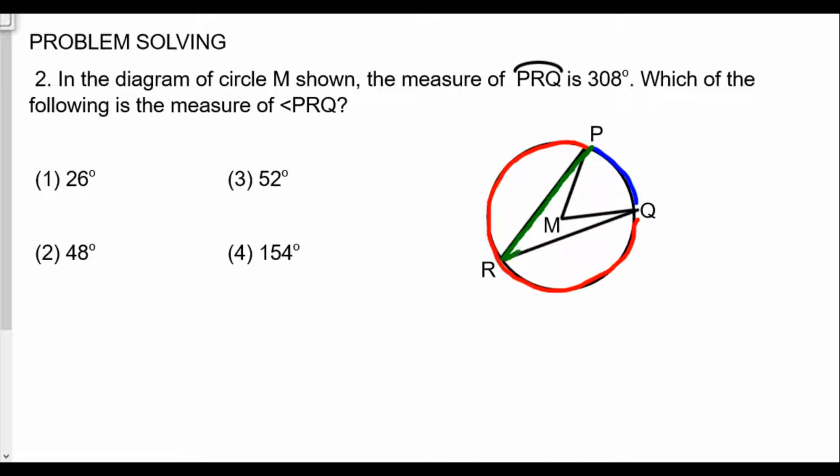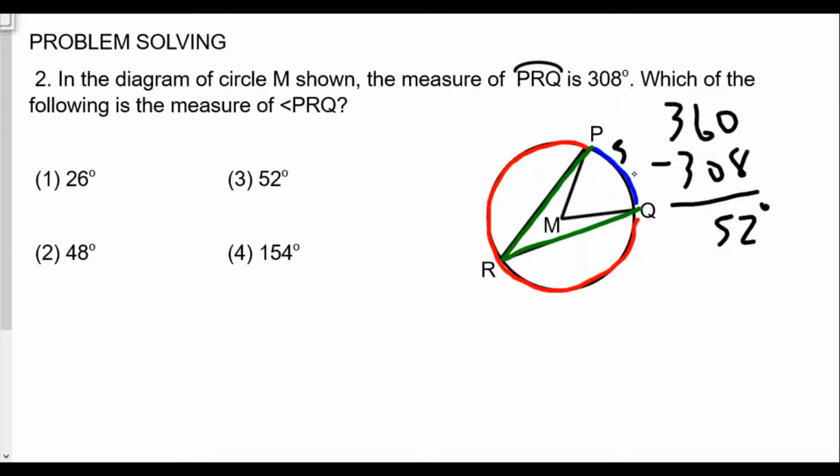Well, here's angle PRQ, and it sort of looks like a mouth, and the part of the circle that's caught in between the two sides of PQ, that's what we're looking for. And we're going to find that by doing 360 minus 308, and that'll be, in this case, 52 degrees. So this is an arc measurement of 52 degrees.